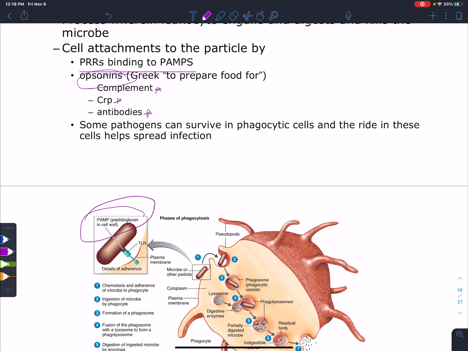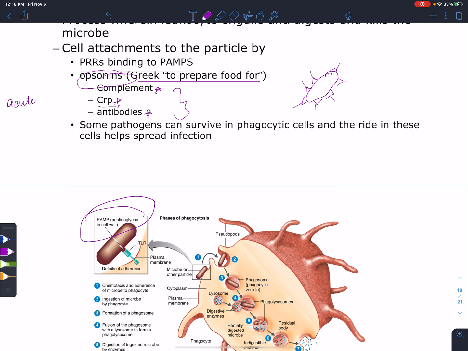So what these things do, the Greek word for it is to prepare food for. So if we have this guy and we put antibodies all over it, we're preparing it to be eaten. Okay? CRP is one. And remember what I call CRP? And I'm going to have a little thing about this too.